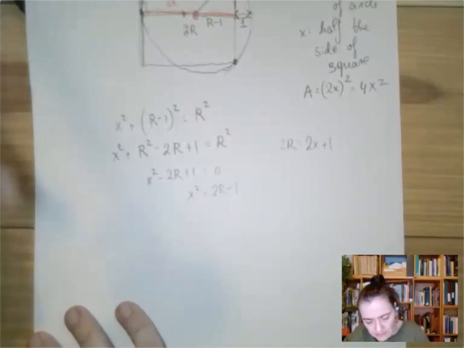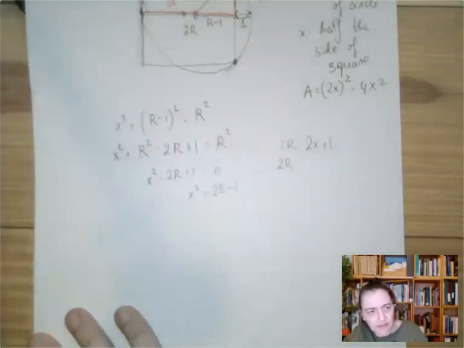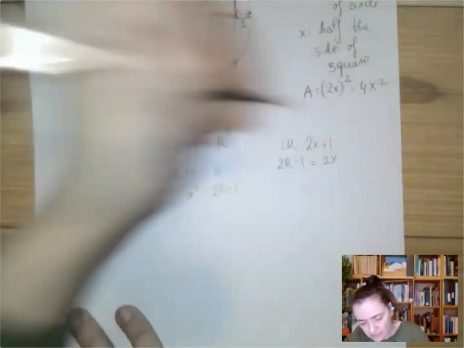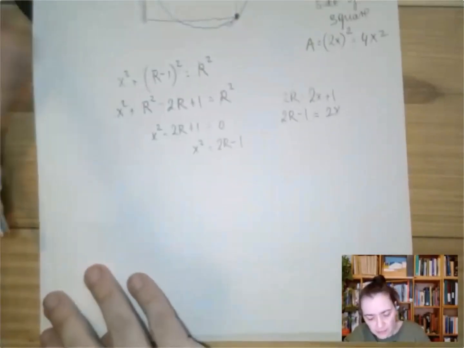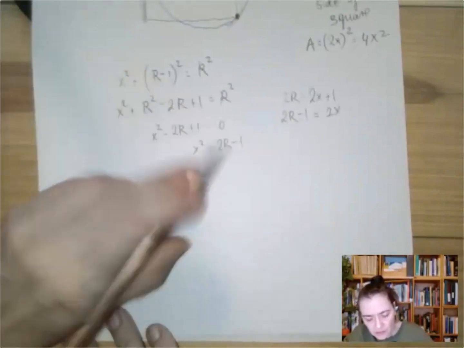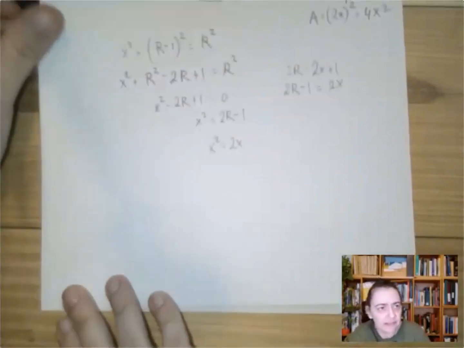Interesting. This is going to look strange, but I see 2r minus 1 here, 2r minus 1. So instead of substituting, say, r, why not go for 2r minus 1? 2r minus 1 is 2x. So we got this very simple equation. If we substitute 2r minus 1, we get x squared equals 2x. Now that's a quadratic equation.